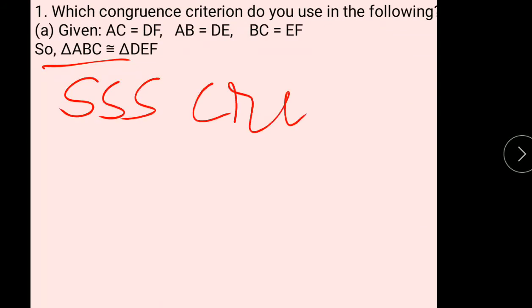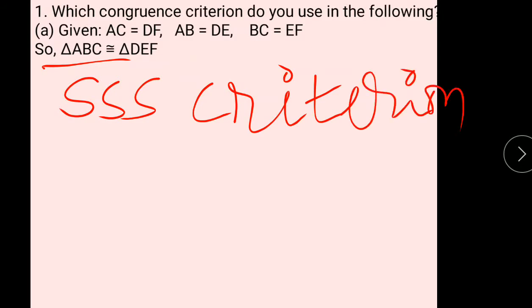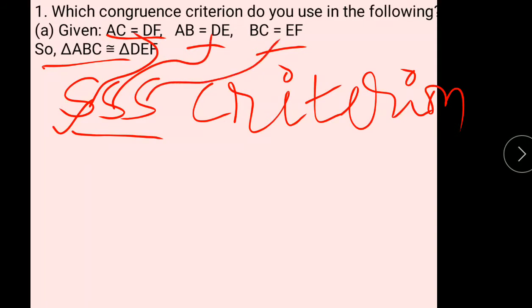Why? You have just now seen that all the given properties are based on its sides, right? One side is for this, and the third side is for this. So all are for these 3 sides, so it is based on SSS criterion.